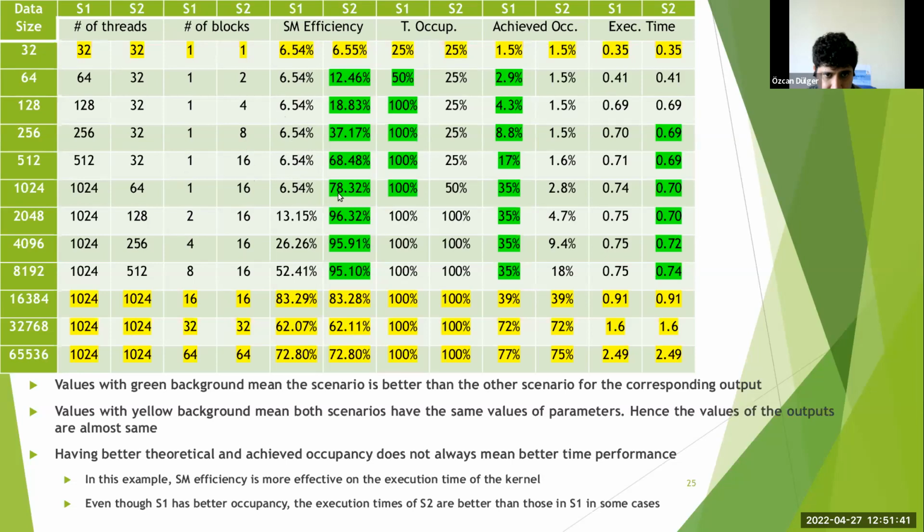When I compare with S2, S2 is 78%, but S1 is much lower, because S1 has 1 block, but S2 has 16 blocks here when the data size is 2^10. So this is very important.